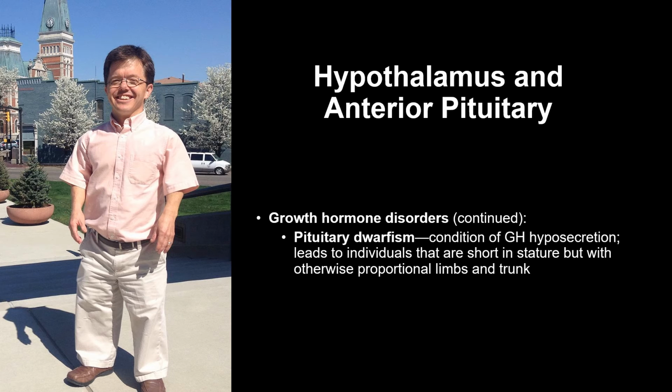On the left hand here, you see an individual with pituitary dwarfism. A similar form of this dwarfism will result when IGF, insulin-like growth factor secretion, is abnormally low, although these patients have normal to elevated growth hormone secretion levels.